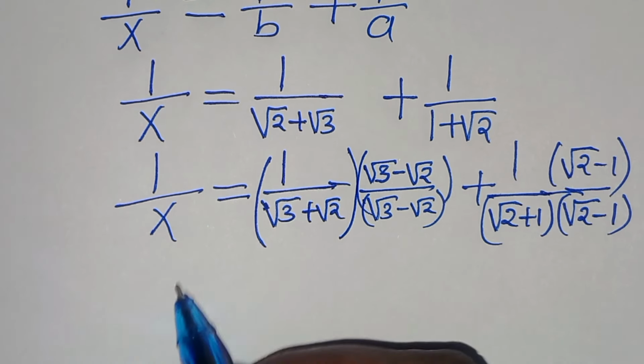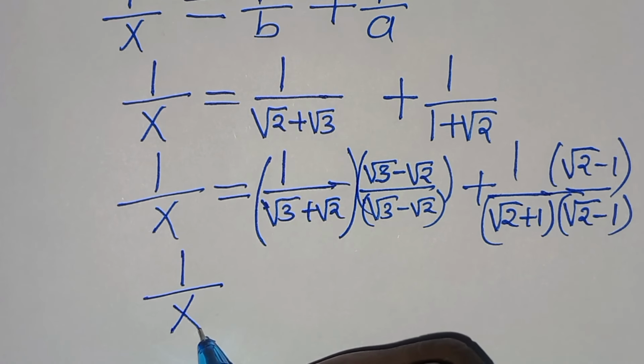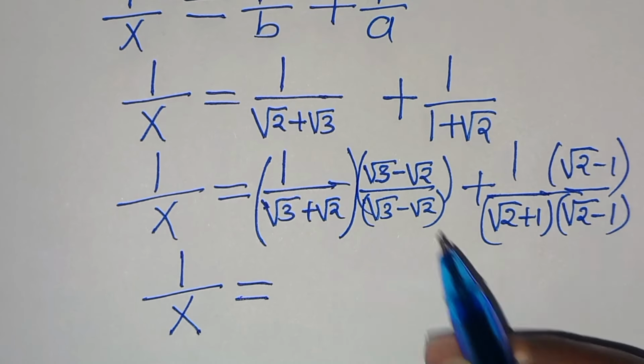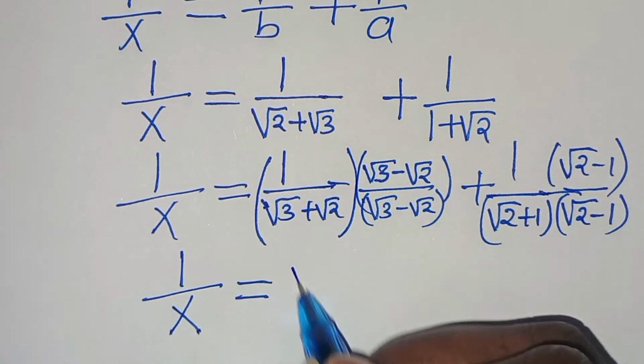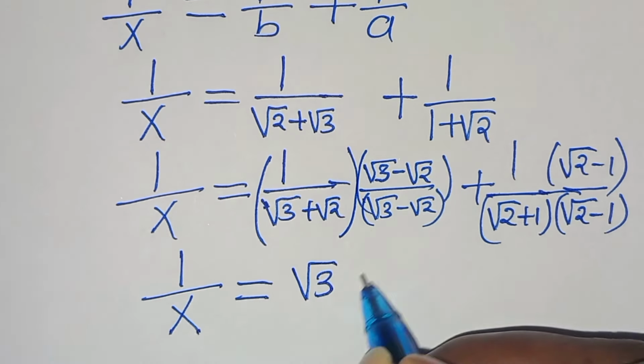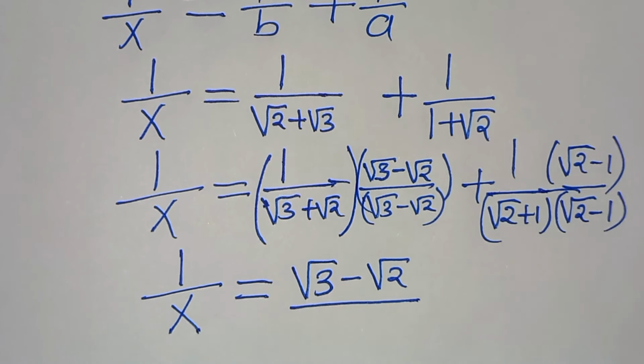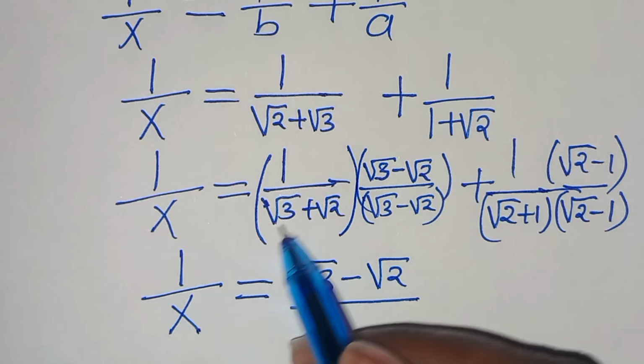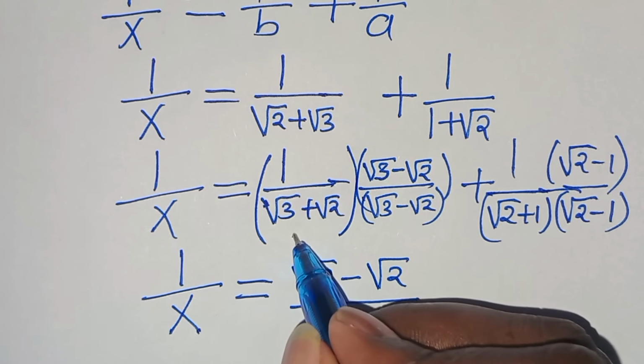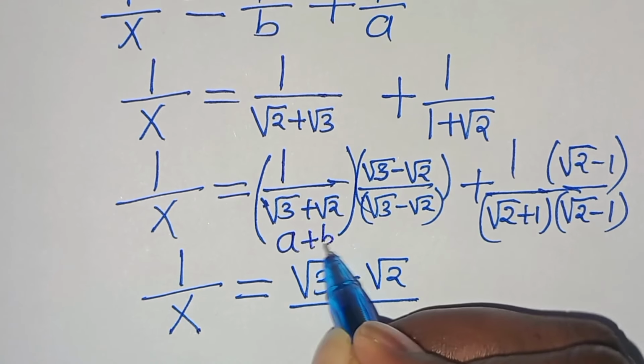Now this implies that here 1 over x, this is equal to, now in the numerator we have square root of 3, subtract square root of 2, then divided by, in the denominator here, square root of 3 plus square root of 2, this is in the form of a plus b.